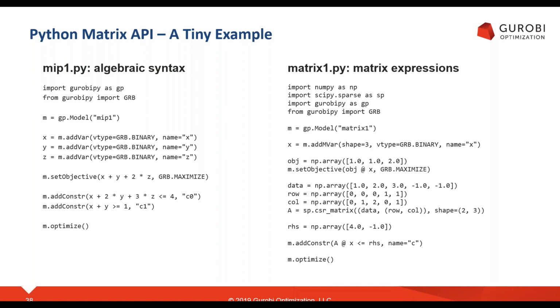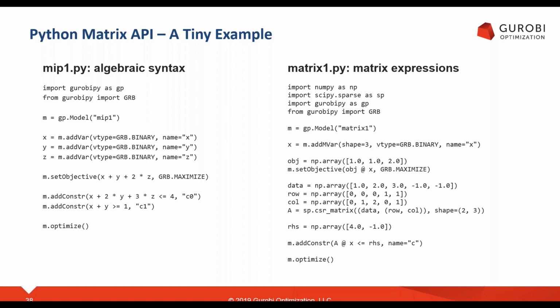On the right-hand side, you have really the same problem in terms of matrix expressions. So first one is you would import NumPy and SciPy sparse. Then you add three variables in a single call with this addMVar function. The shape is 3, that means 3 rows and 1 column. All of those variables should be binary. And then you create a NumPy array with the coefficients of the objective function and use the add operator to specify the scalar product between the object vector and the X variable vector.